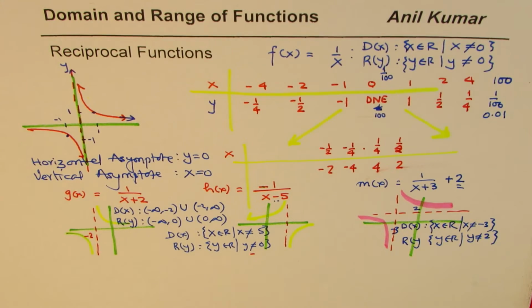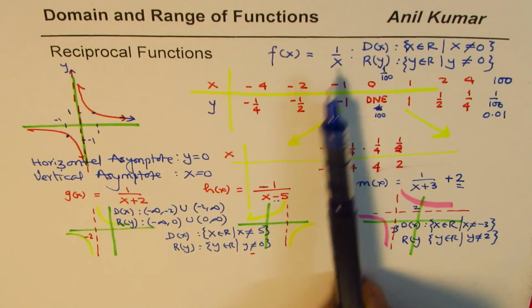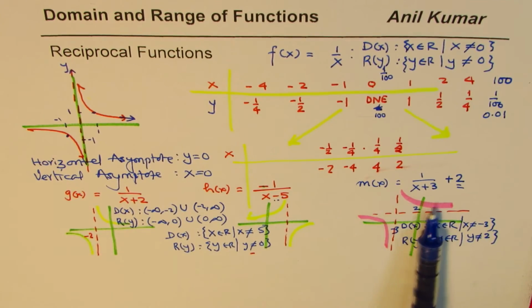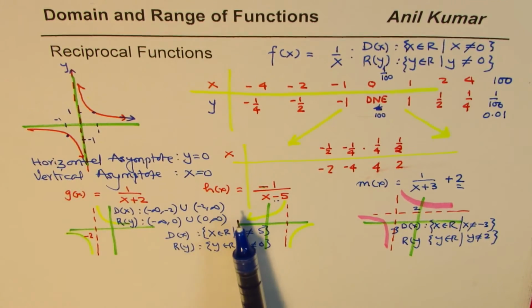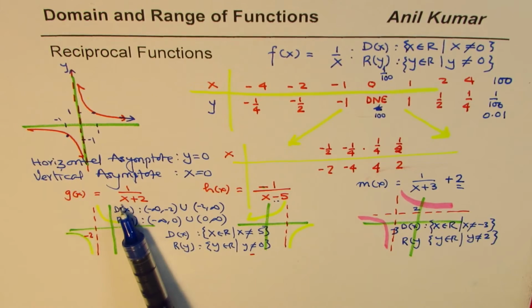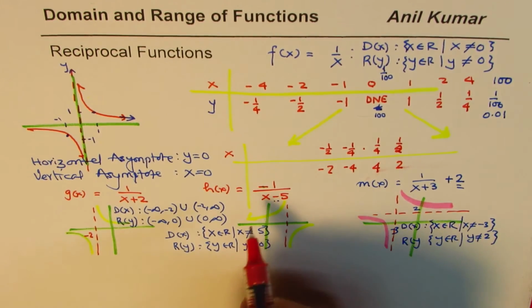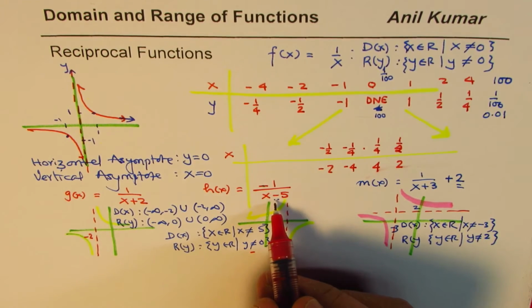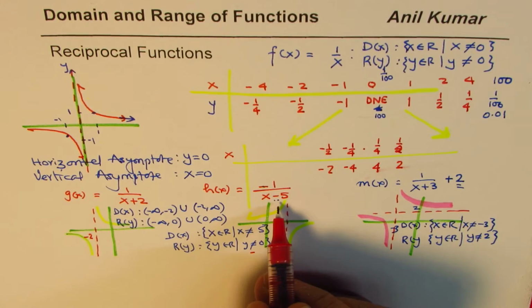So for any reciprocal function, we could write its domain and range by using the transformations. Remember, the denominator cannot be 0, right? So equating the denominator to 0 gives us the restriction on the domain, right?